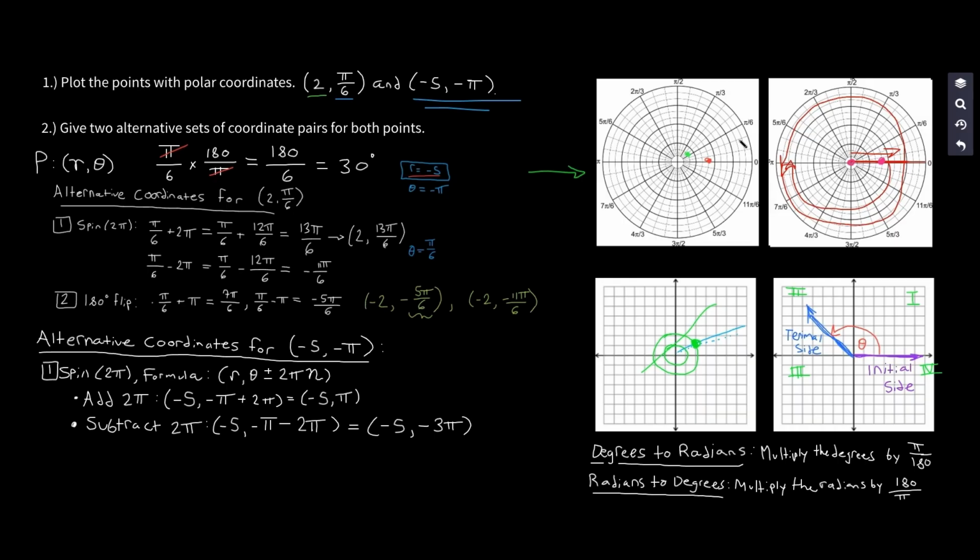So then for subtracting 2 pi, well, it's going to get us the same place, but the directions are going to be different. So we're starting at the initial side, right? We're starting right here, in blue, and then we're rotating negative pi.